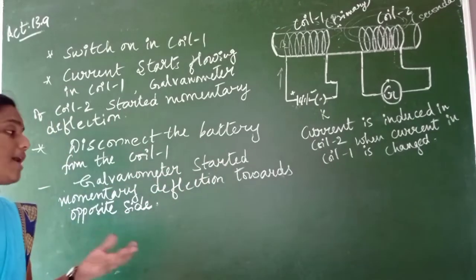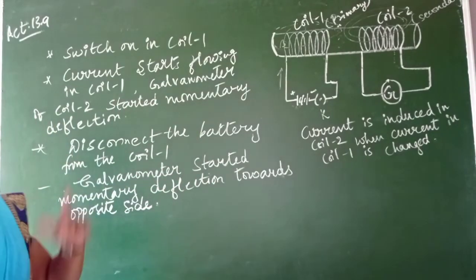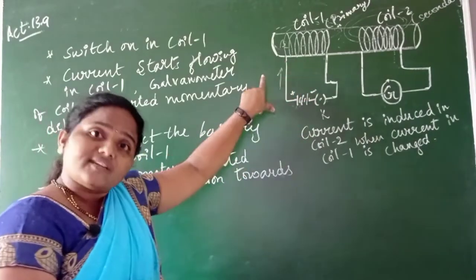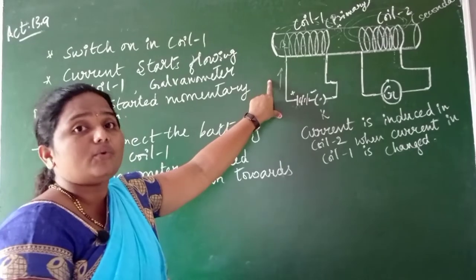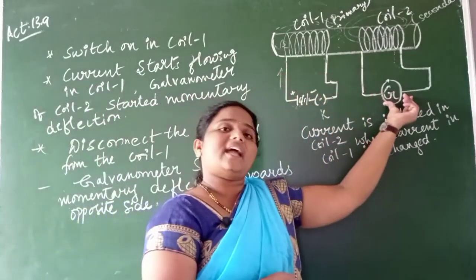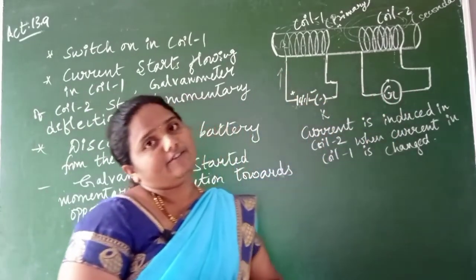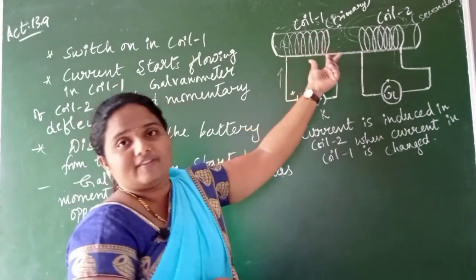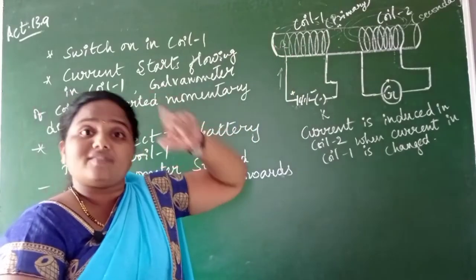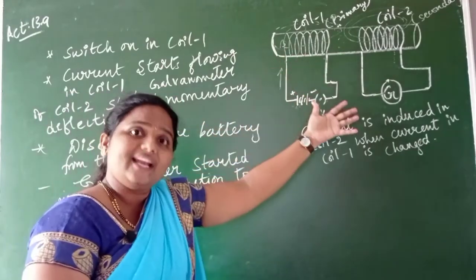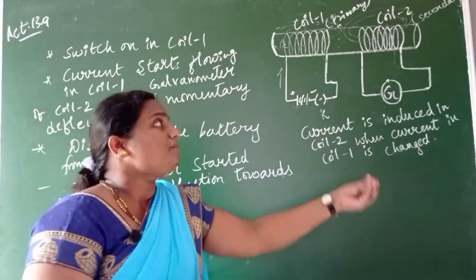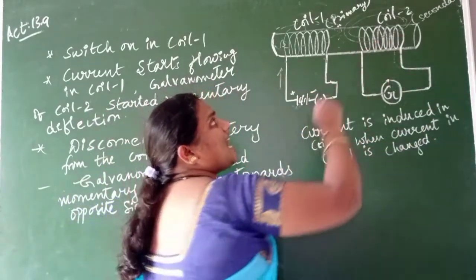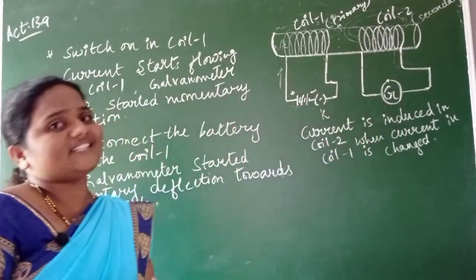So what we have understood with this activity, children, whenever there is a change in the potential difference of the first coil, we have found that an induced current is produced in the second one. That is how it is possible. When the magnetic field associated with the first coil or primary coil changes, the magnetic field associated with the other coil also changes.